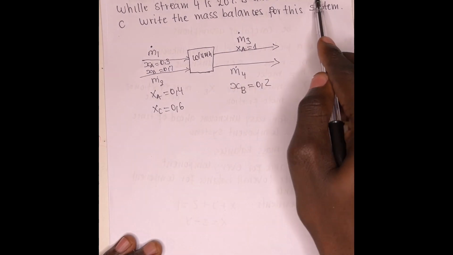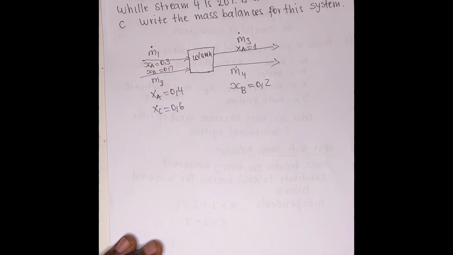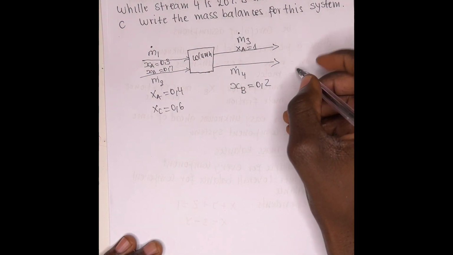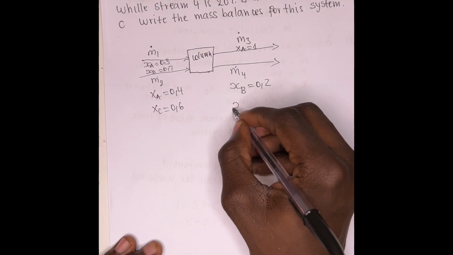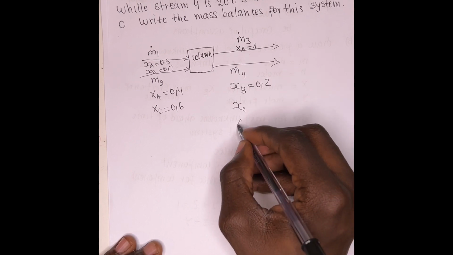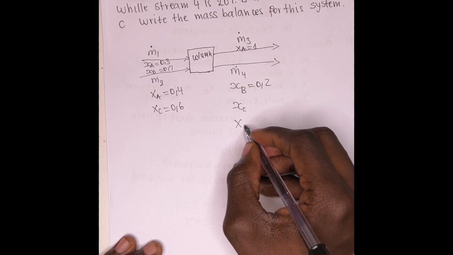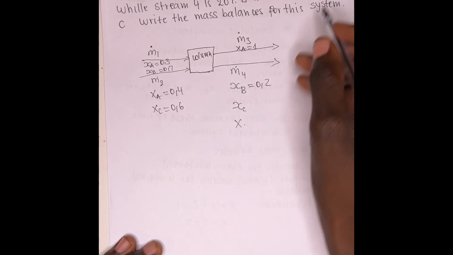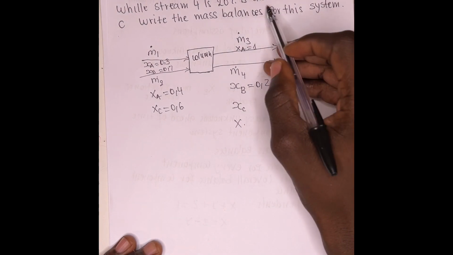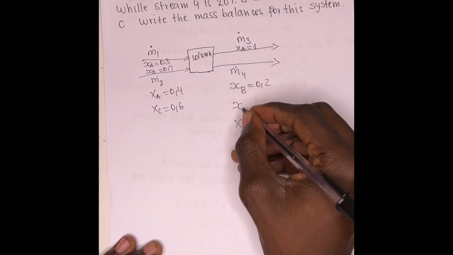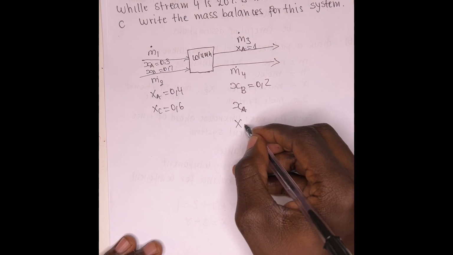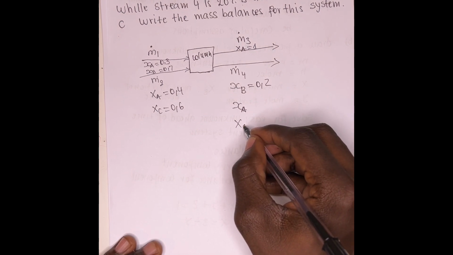The rest is A and C. So what is the sum? We know already the sum of these 3. It starts with B, and then we have A, and then we have C.